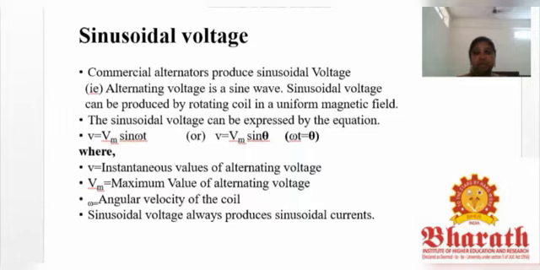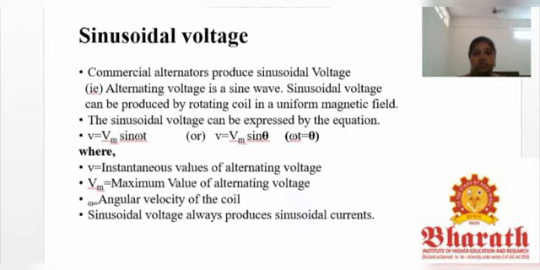Because of the force, the coil between the magnets rotates. Because of this rotation, the coil cuts the magnetic fields at different angles. In one complete rotation, from 0 to 360 degrees, the coil cuts the magnetic lines of force at different angles during the rotation.